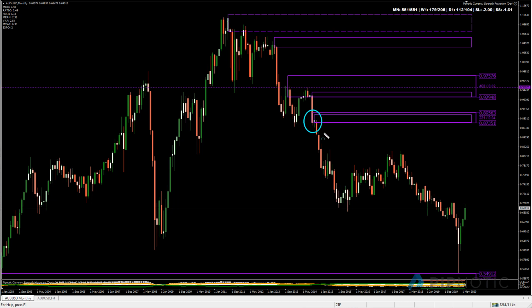So we had this area here, we went down to here, we went up to here, and then we are reacting down here. And so if you connect all these, from here to here, from here to here, and then all the way back down here, price managed to move back to this level here. So this is where the sell zone is for this area of supply.